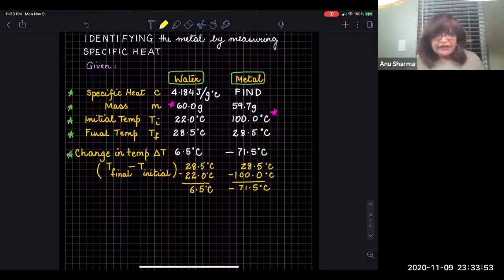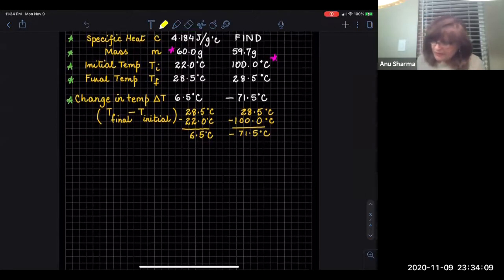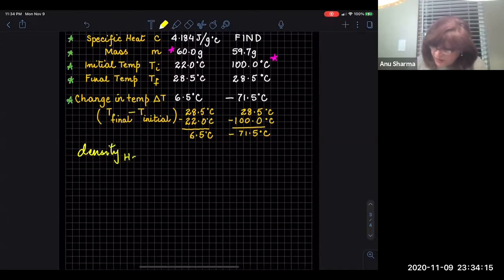We are given this data where we know the specific heat of water, as I mentioned, 4.184 joules per gram degree Celsius, and we are trying to find the specific heat of metal. The mass of the water is 60.0 grams. Now keep in mind that the density of water is equal to 1 gram per milliliter.